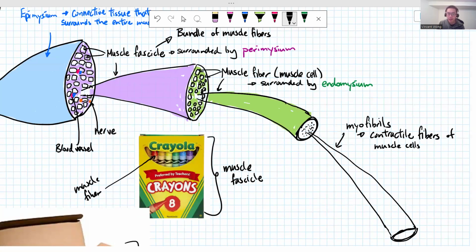And they're made up of these repeating units called sarcomeres, which I'll explain in a bit. They have these banding patterns on them. So they're made up of these repeating units called the sarcomere, which are made up of myosin and actin proteins.